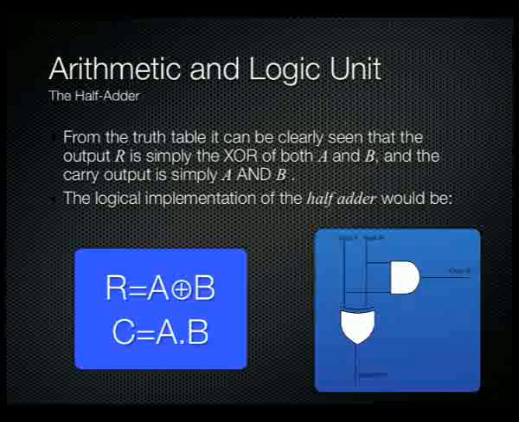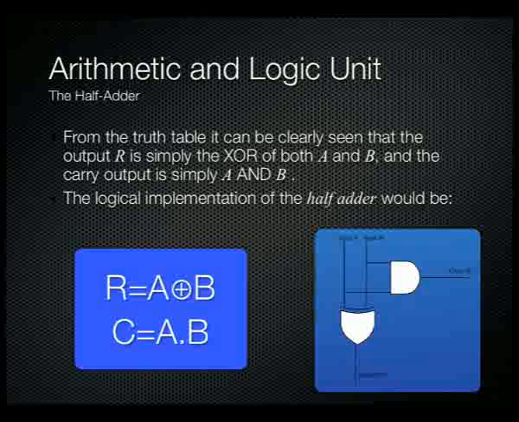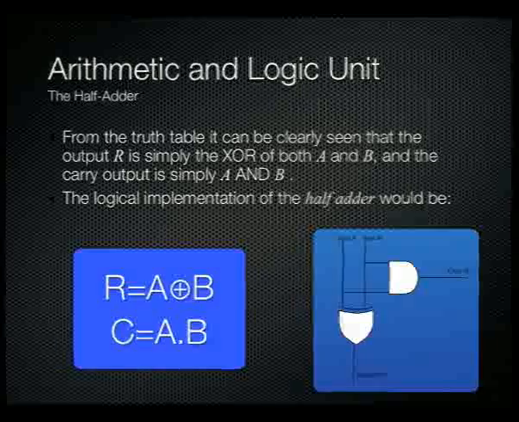It's simply the XOR of A and B. The carry bit is only set if A and B are both 1, so carry equals A AND B. I've shown that in the form of the logic gates: the result is an XOR gate and the carry bit is an AND gate. So that is the half adder, which is by far the most basic of any arithmetic operation.